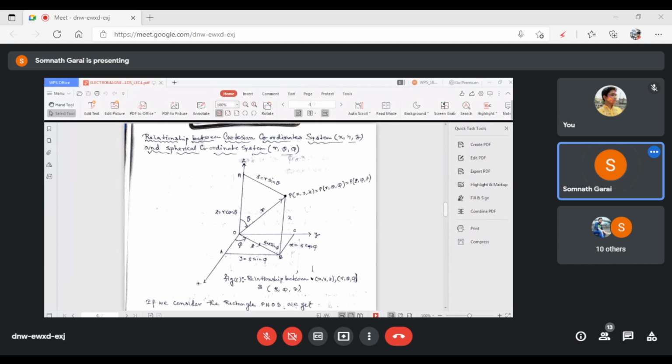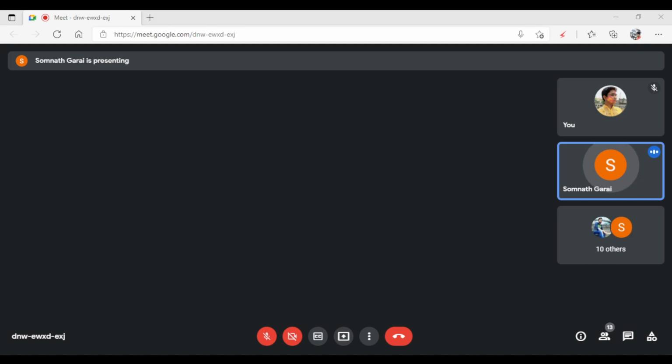Now we consider here a rectangle that is PHOB. That means it is a rectangular plane which is situated in the z and x direction, or z and y direction.